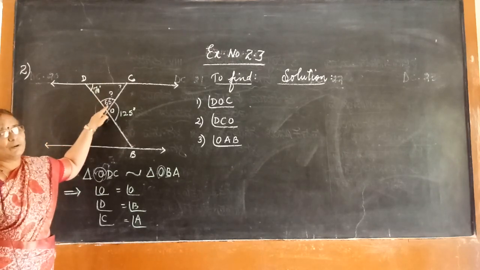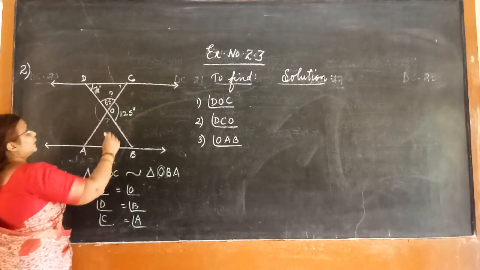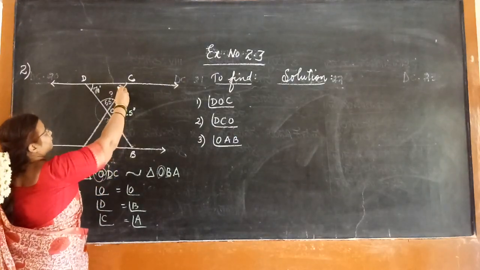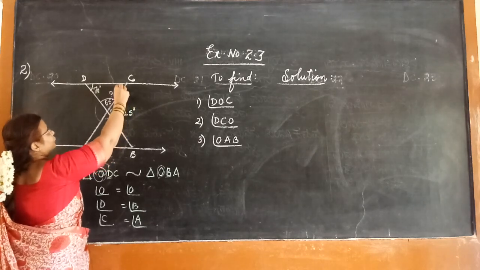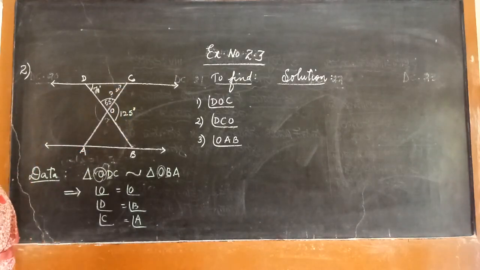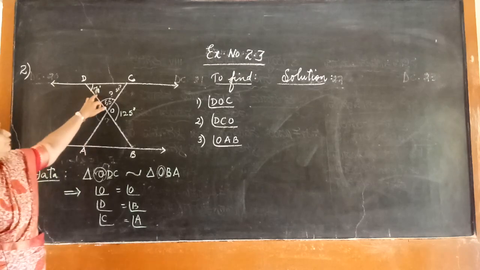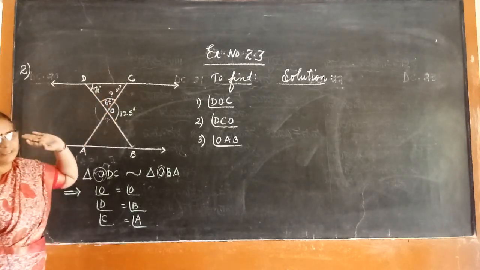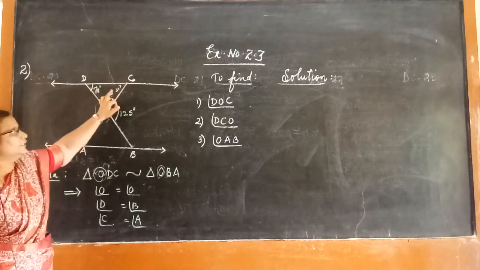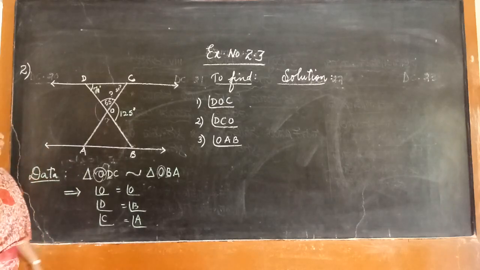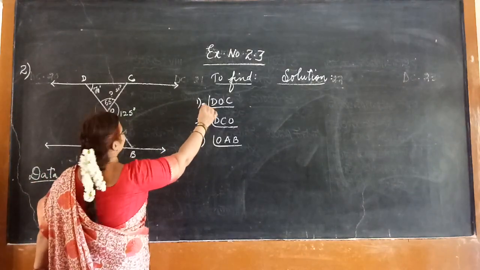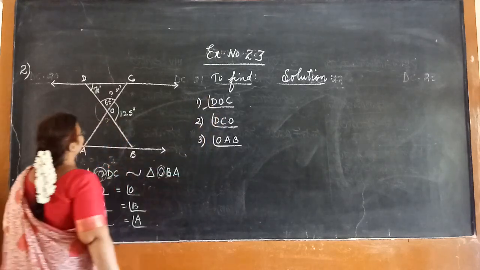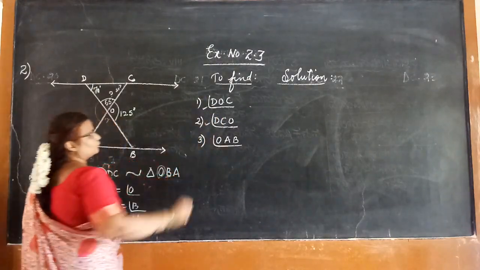If you subtract it from 180 degrees, again you get 55 degrees. Now you can check that the sum of these three is 180: 55 plus 55 is 110, and 110 plus 70 is 180. The first one is found out, DOC is found out, and angle DCO is found out.